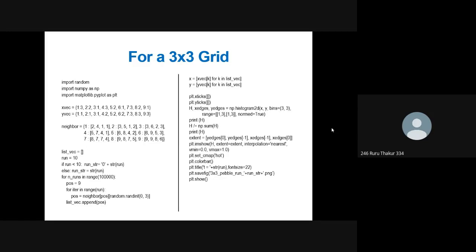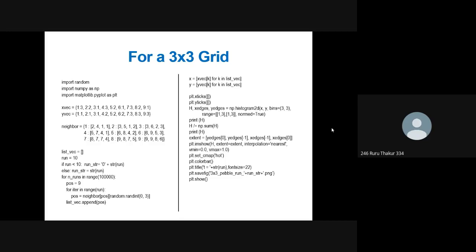So as you can see, for the very first one, it says 1, 2, 4, 1, 1, which implies that it's a corner position, and therefore the pebble can only move in two directions. After that, we have a list vector that is empty for now and will be used to store all the positions that we end up reaching during the several iterations of the program.